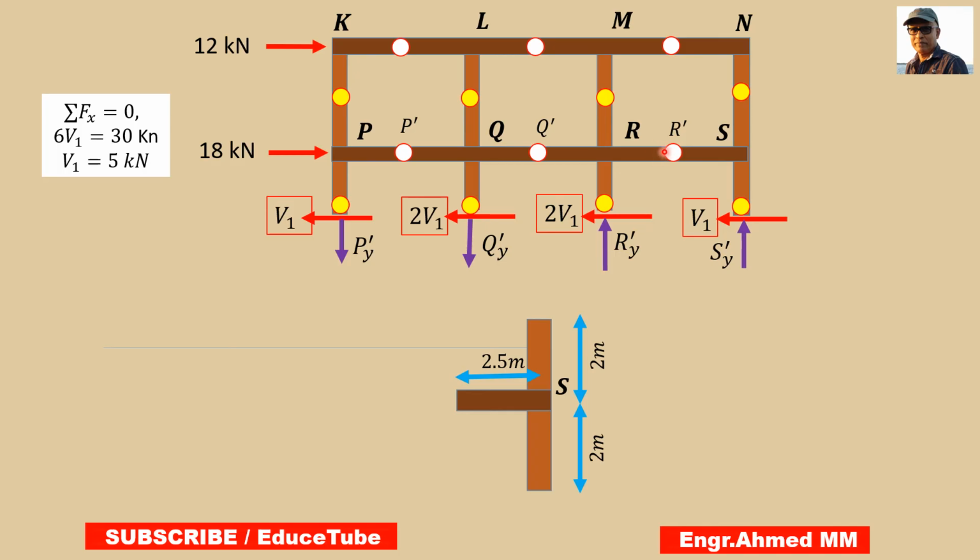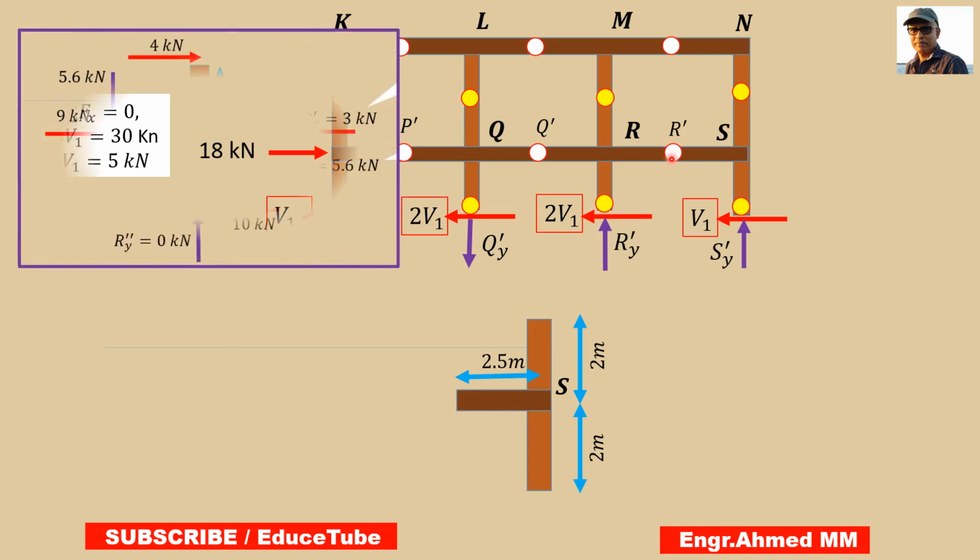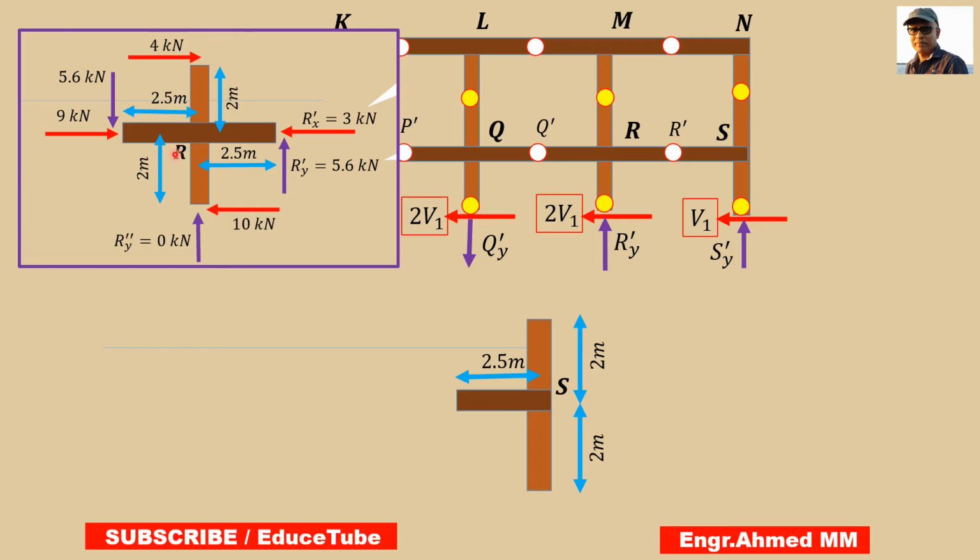So let's bring that R. So what are the values here? 3 and 5.6. Let's put these two values here, 3 and 5.6, but in the opposite direction. So we are done for these points.